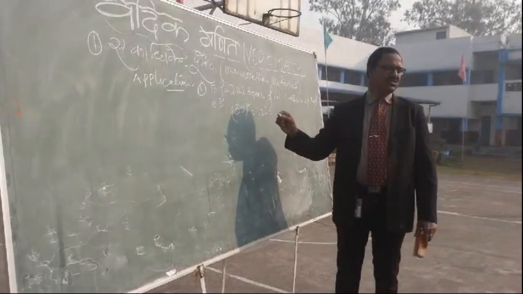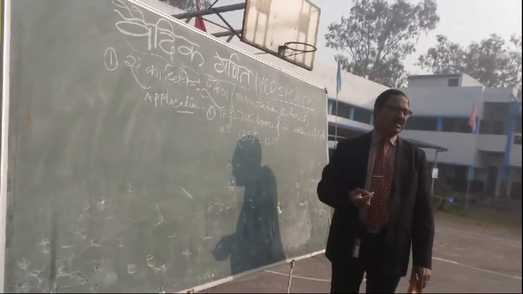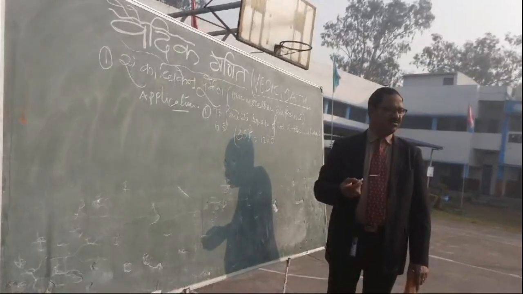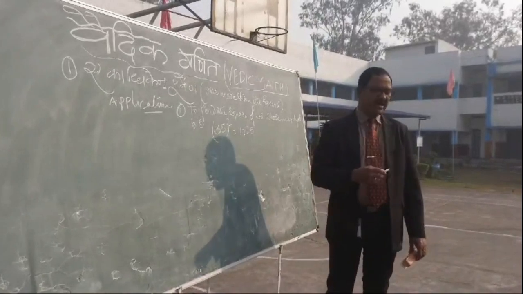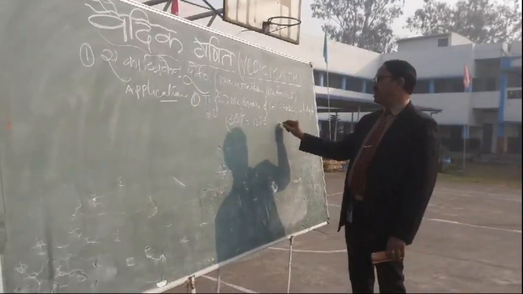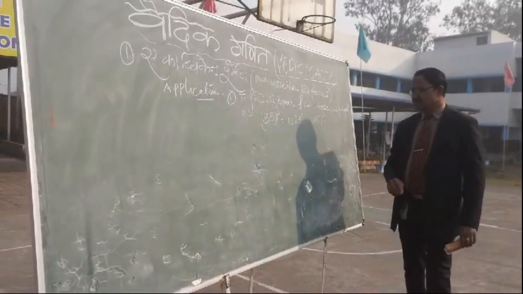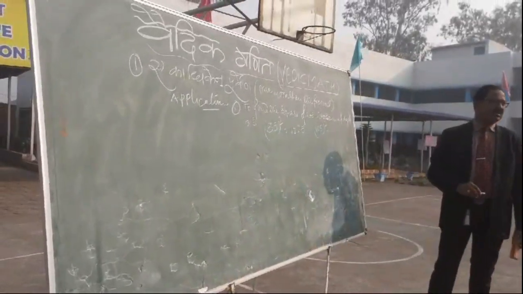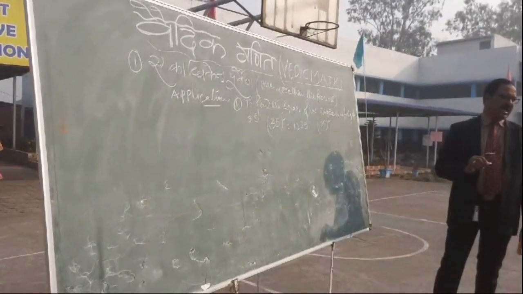So children, it reduces the time and the calculation is very fast. Yes, without pen and paper you can do the square. Suppose you are to find the square of 105. If you go for general calculation, it will take time.